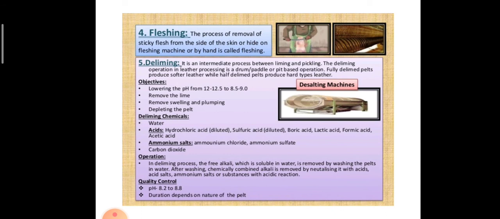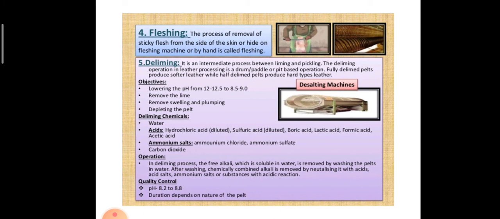Just now I told you the inner layer contains blood and grease, which will be removed. At the same time, some flesh will still be stuck on while removing from the animals. This is done by machine or by hand, and is called fleshing.